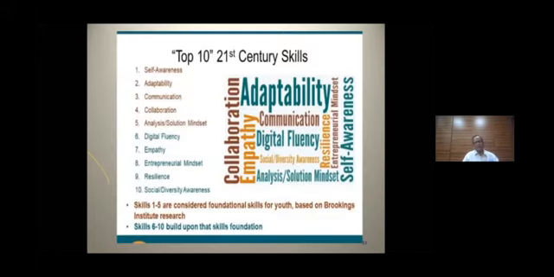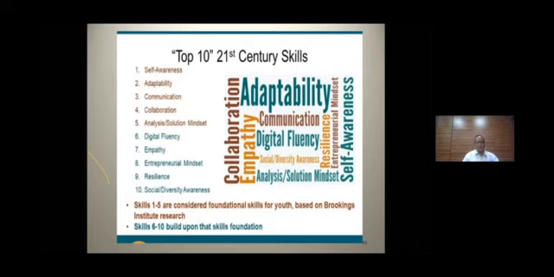Now, what are the skills required for the students in the 21st century? That skill set itself is changing. Therefore, every teacher must understand and must try to remember the skill sets required for the students.